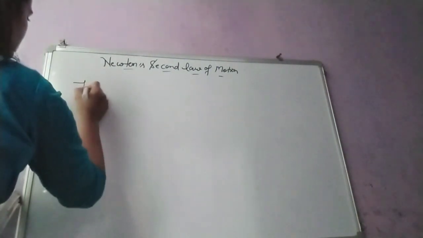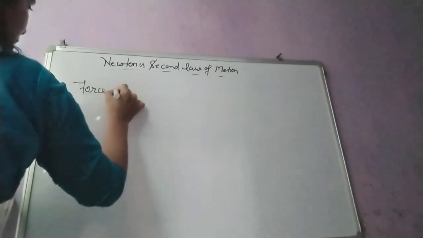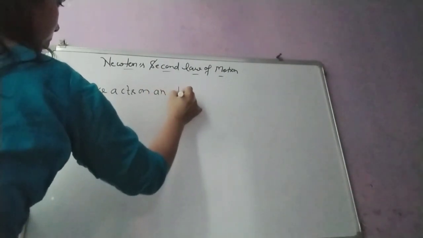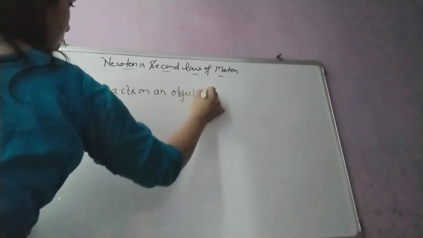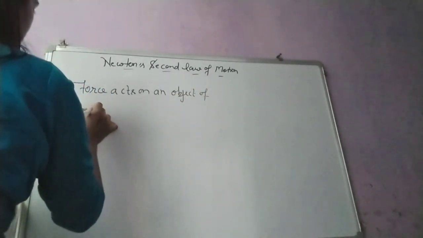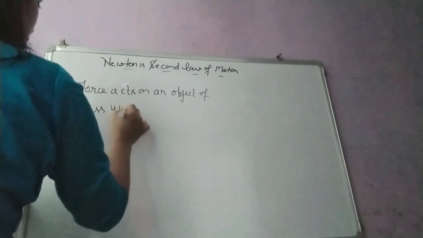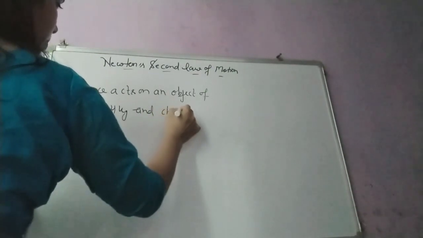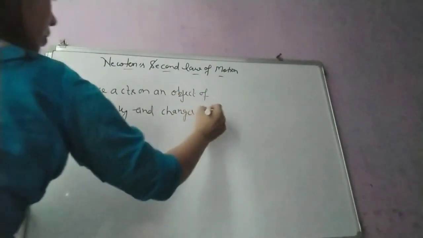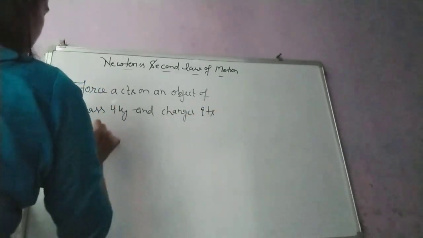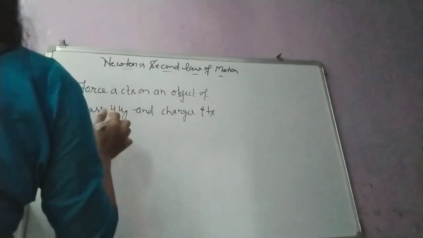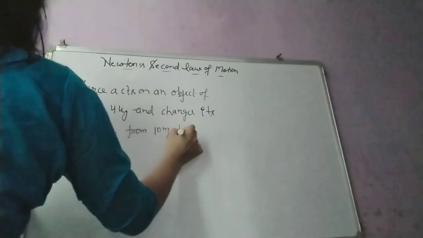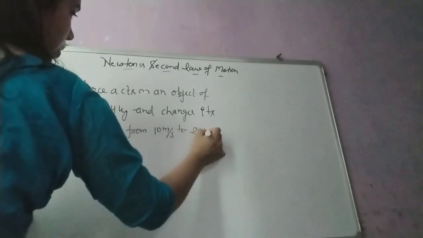One question is: a force acts on an object of mass 4 kg and changes its velocity from 10 meter per second to 20 meter per second in 5 seconds.